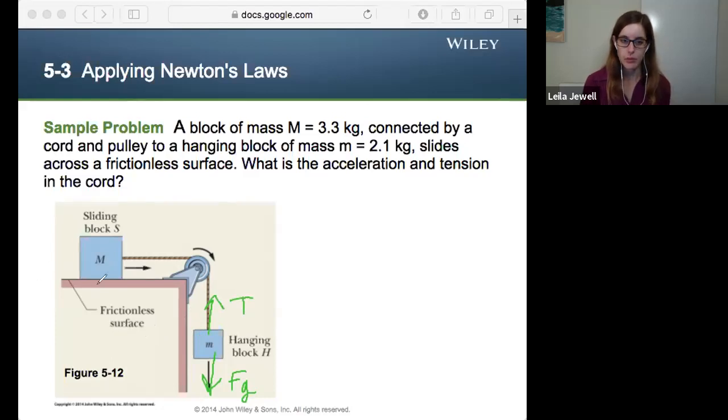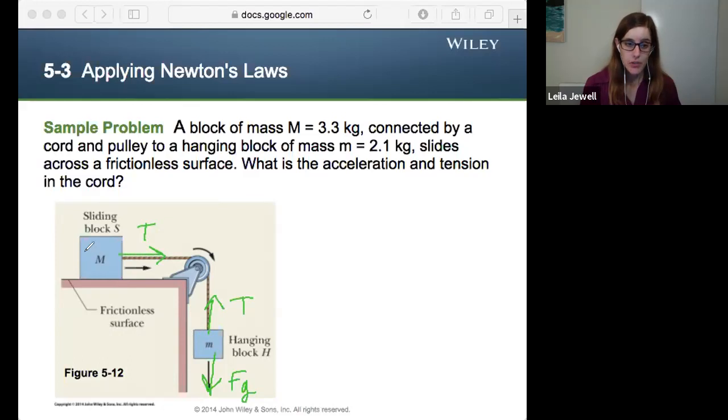Similarly for the sliding block, because it's a frictionless surface, we don't need to worry about friction there either. But it is connected to the cord, so we're going to have tension. But in what direction? Right, it needs to be along the cord. And I'm just labeling it with a T because the tension is the same in either because it's connected to the same cord.